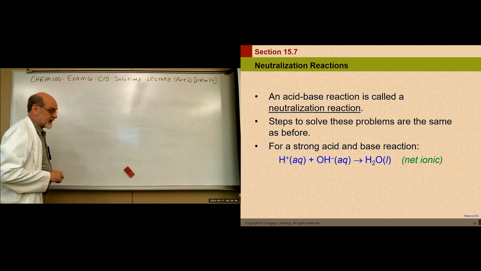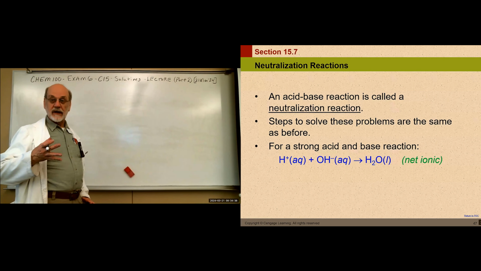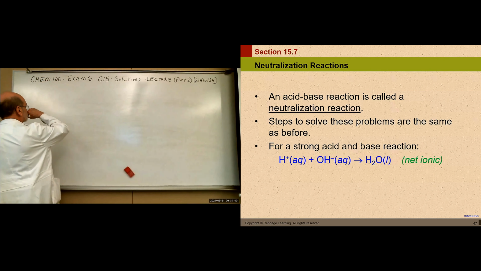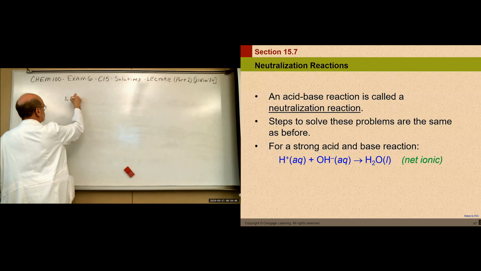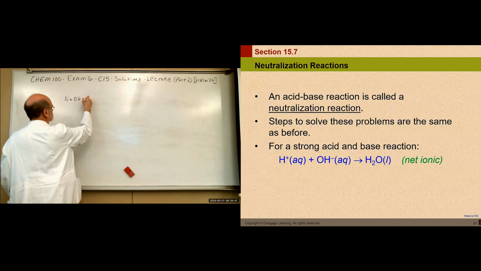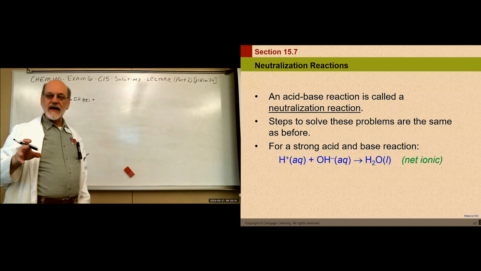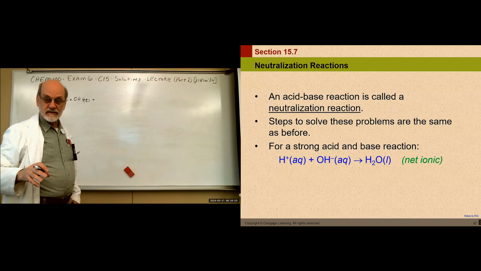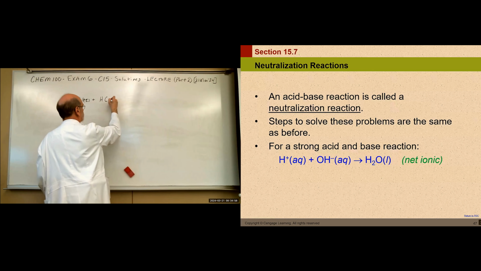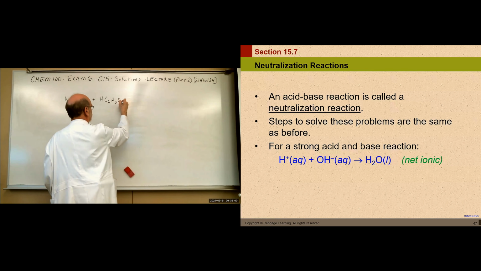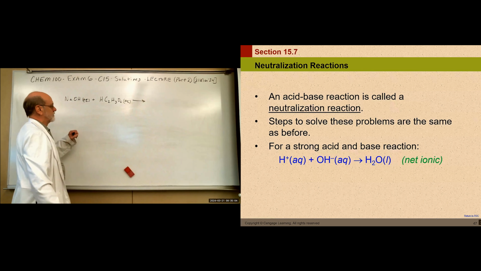the net ionic equation, let's start with an example. All right, let's say we have sodium hydroxide, and we're going to neutralize acetic acid, vinegar. So what are the products here?